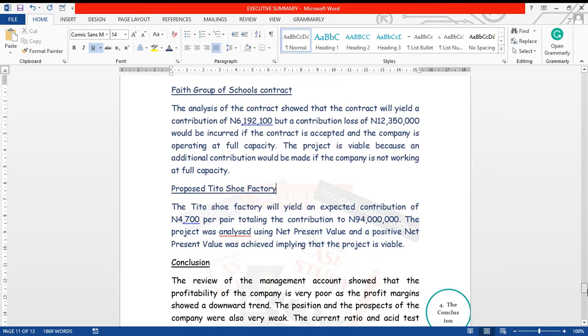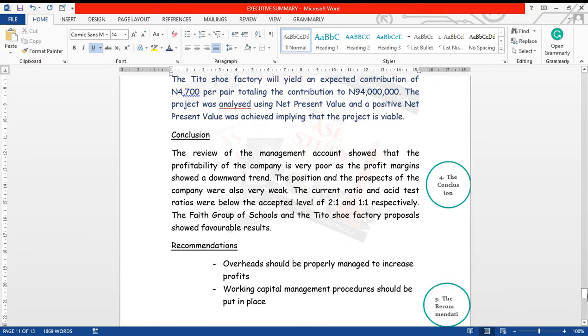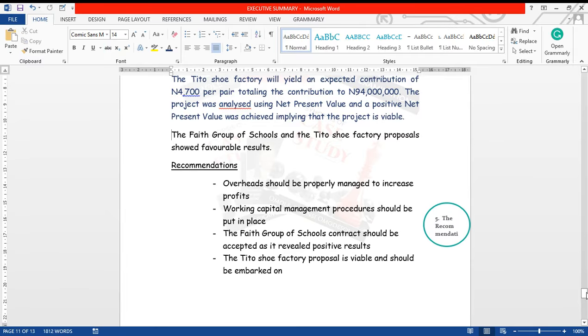Then after you do that, you go to your conclusion. Now in this case, we could have just removed all these ones here and put the conclusion underneath, like this.